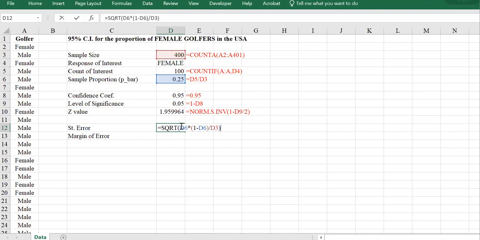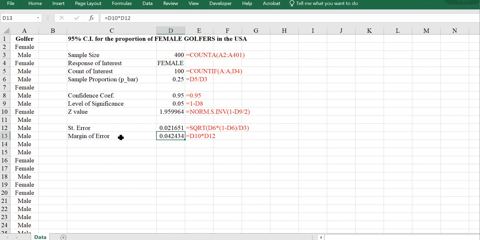So everything should be in parentheses, the whole thing. p bar times 1 minus p bar should be in parentheses, and then divided by sample size n. If you misplace these parentheses, the result might be completely inaccurate. So this is the standard error. And then margin of error is going to be simply z value times standard error. So we got the margin of error.